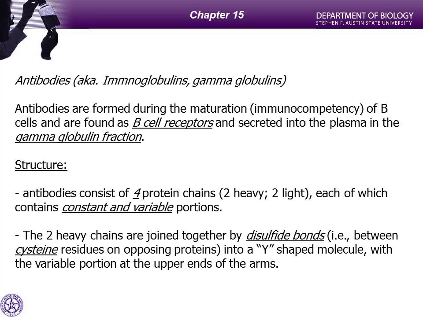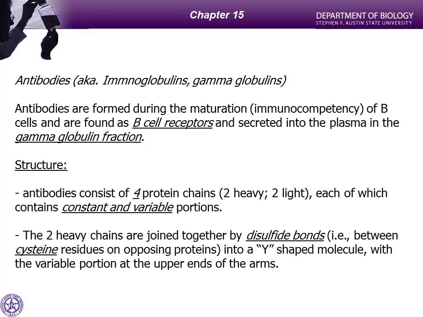Now, we saw that initial picture of that Y-shaped molecule. That is our antibody. It is Y-shaped, and it consists of 4 protein chains that are held together in one molecule through disulfide bonds. And so our antibody is going to have 2 heavy chains and 2 light chains.